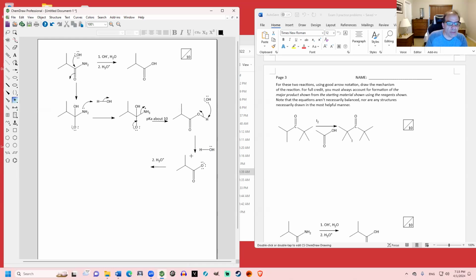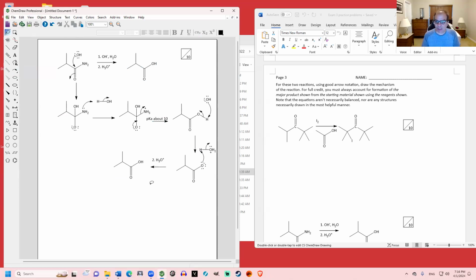So the O minus picks up a proton from the hydronium ion. And then we have our carboxylic acid and can isolate it.